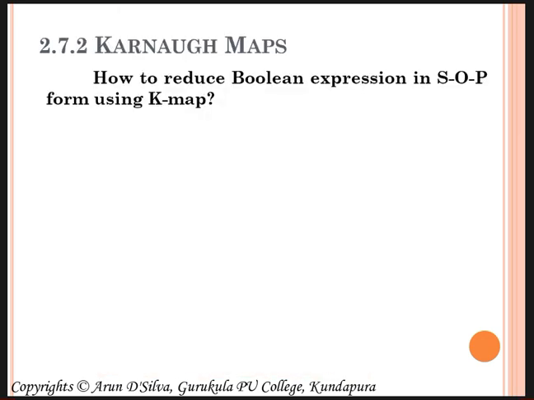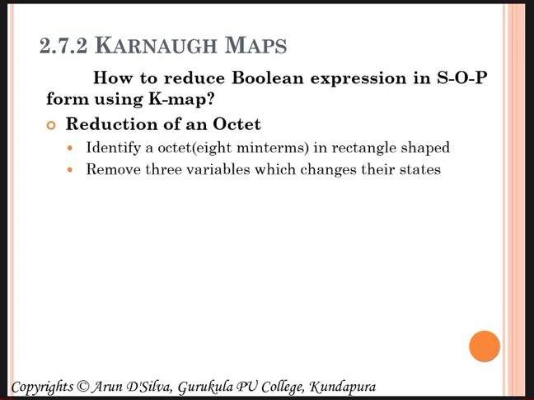Moving to the next slide, I'll remind you how to reduce a Boolean expression in SOP form using K-map. Reduction of an octet. We have to identify an octet, that means 8 min terms in a rectangle shape.